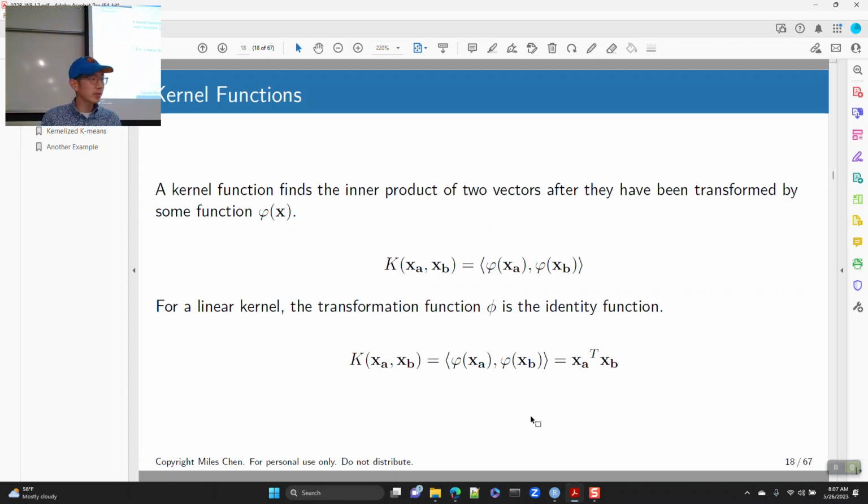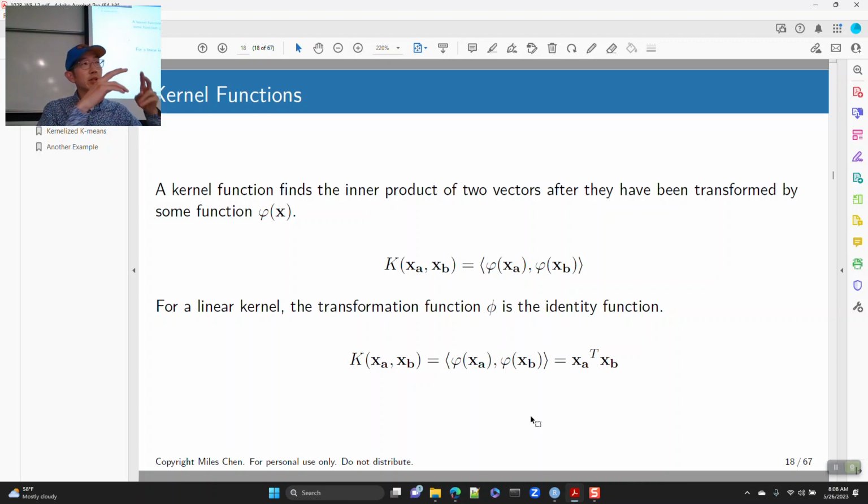And so remember, what a kernel function does is it calculates what's equivalent to an inner product of your values after they've been transformed, okay? So we have some function phi that transforms our data, and then after you transform the data, you take an inner product. We saw this when we did SVM.